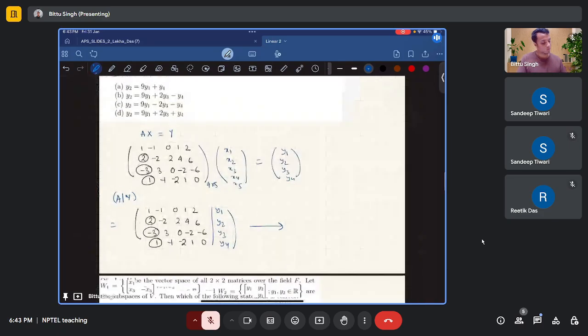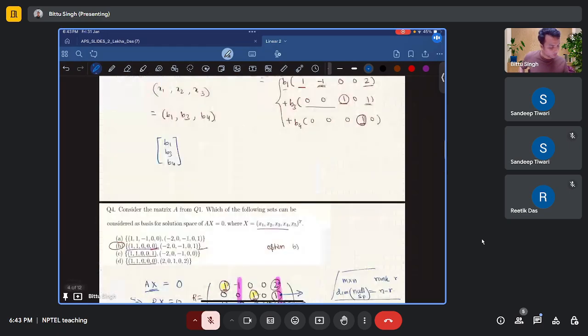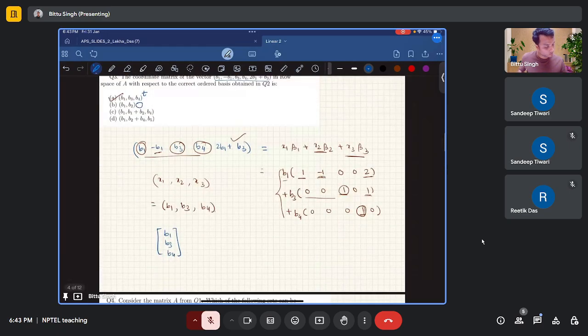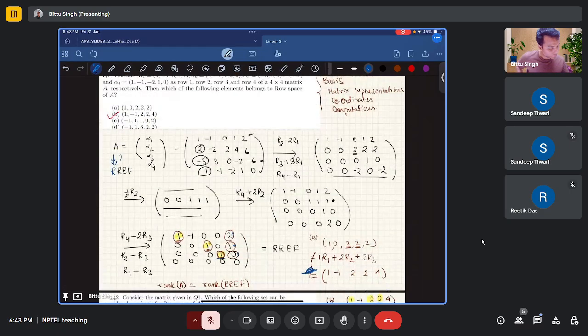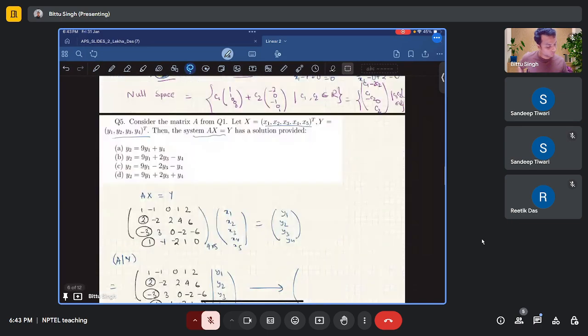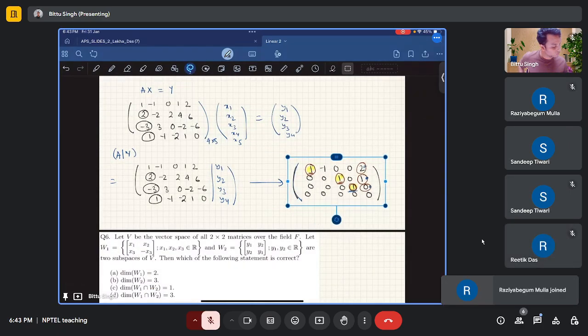So if you perform the previous row operations, then A becomes the row reduced echelon form like this.